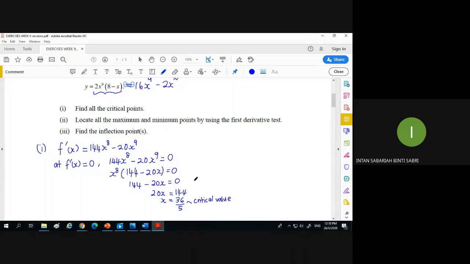Okay, now that you have this critical value, you have to substitute it into the original function.